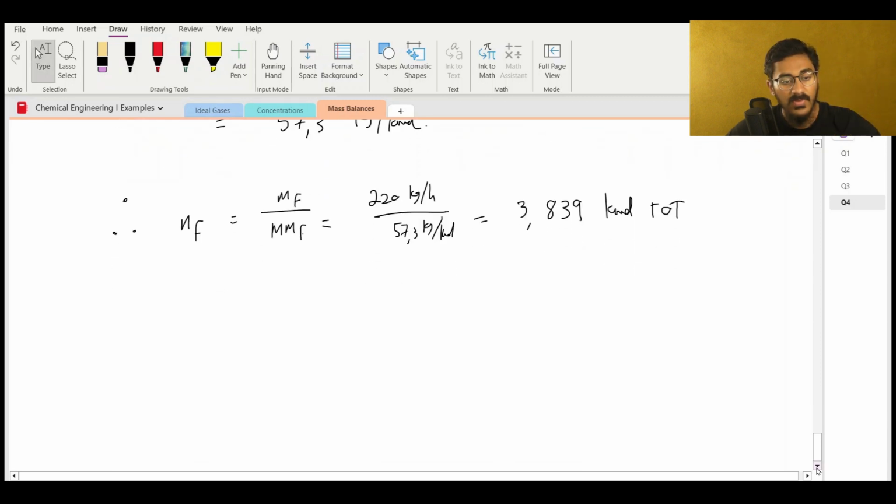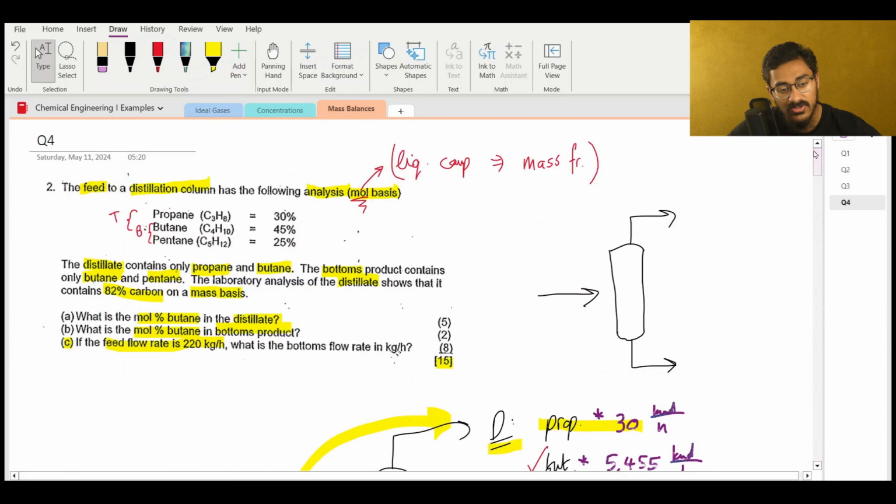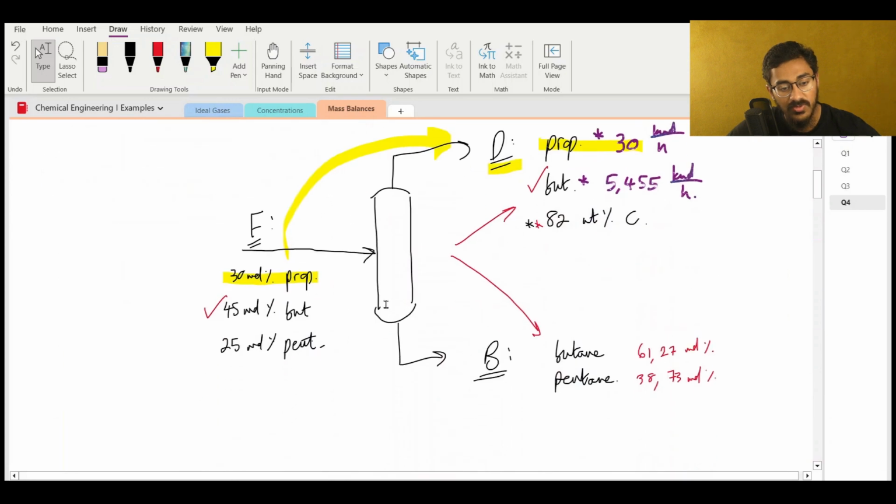Okay. And I can now say, but I know that 25% of the number of moles in the feed stream is equal to the number of moles of pentane. Why am I singling out pentane? Because I want to work out, let's just go back to the picture. 25% of all the moles in the feed stream belongs to pentane.